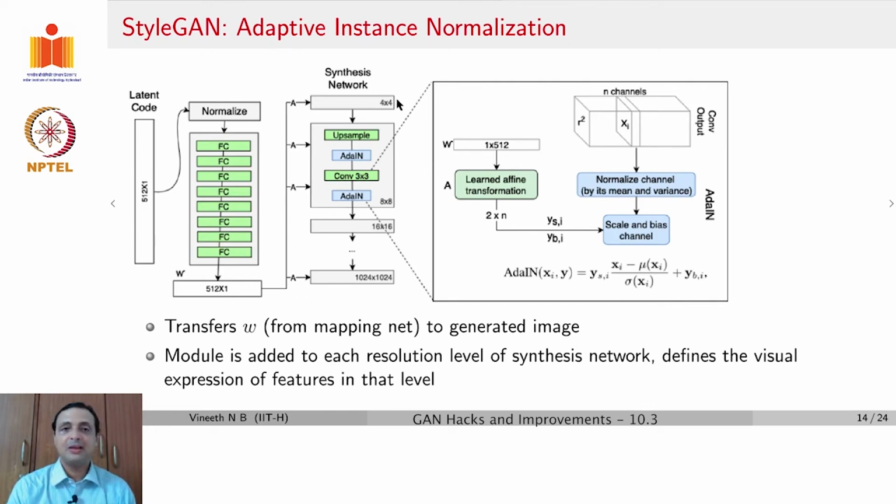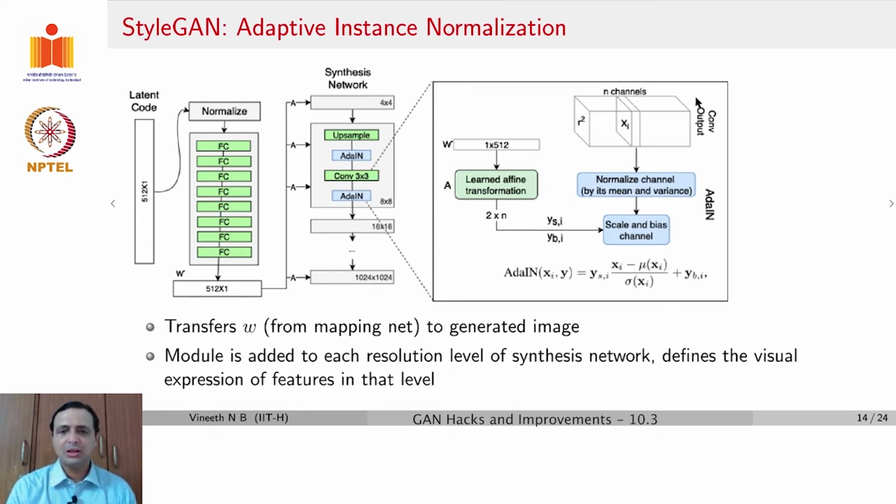So you can see here that the synthesis network or the generator in StyleGAN has an upsampling module and then has something called adaptive instance normalization, which we will see in a minute, followed by a convolutional layer and then another adaptive instance normalization layer, and this is then repeated over multiple blocks. Let's take a look at one of these combinations of convolutional and adaptive instance normalization layer.